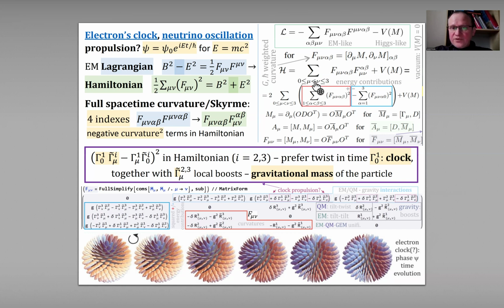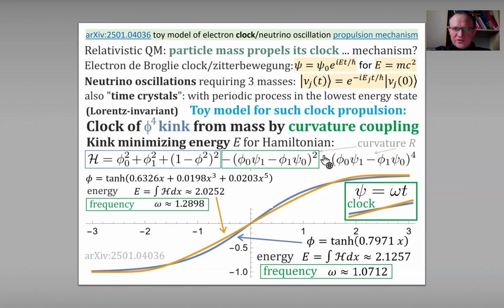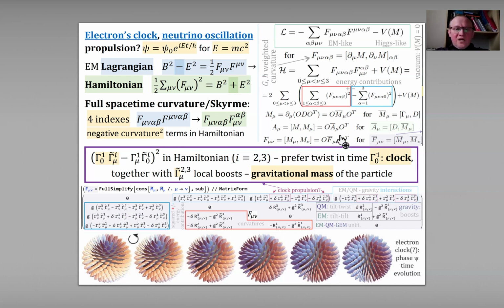Yeah, so the Hamiltonian gets both positive contributions, yes, the red one here, but also negative. So we get the negative curvature square contribution. So like here, this contribution gives a tendency for the field rotation in presence of particle from non-zero spatial derivative. So this term is finally this term which appears here. Now, it seems crucial for this electron clock.